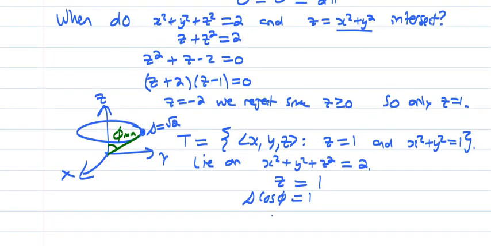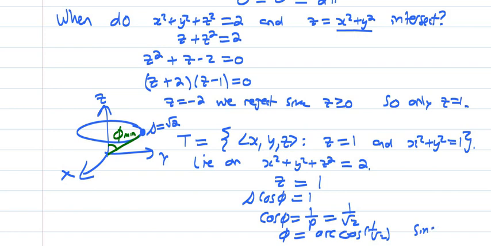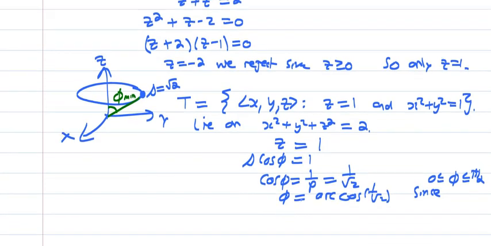And so we get that cos phi is equal to 1 over rho, 1 over root 2. And so we see that phi is arccos of 1 over root 2. Since phi is in the first quadrant, it's a special angle, so we don't need a calculator. So we see that phi minimum is pi over 4.